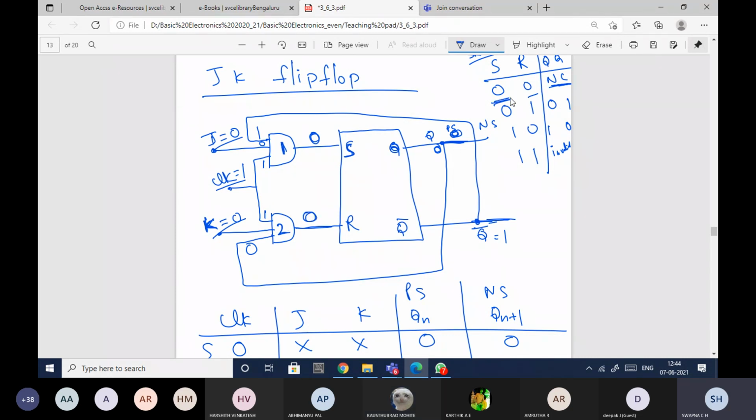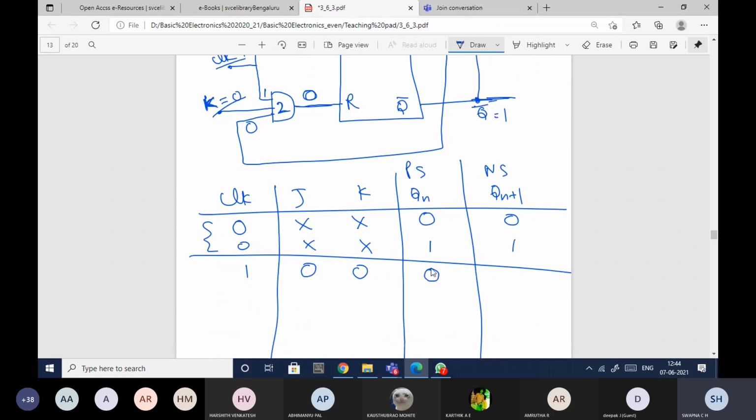So S value is equal to 0 and R value is equal to 0. No change. No change means NS is also equal to 0. So let me write it: no change under present state 0, so the next state is also 0.